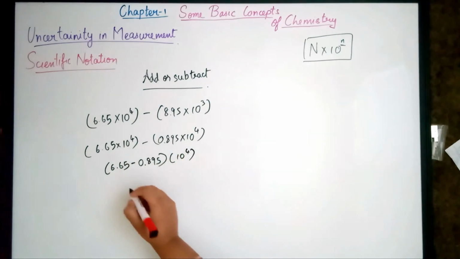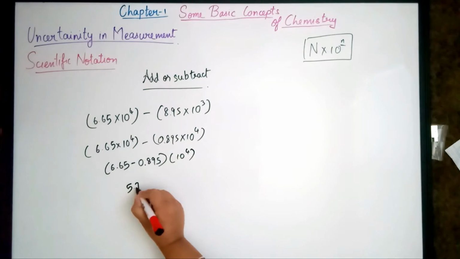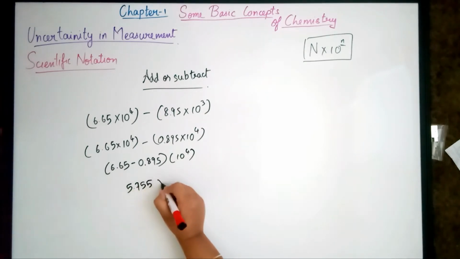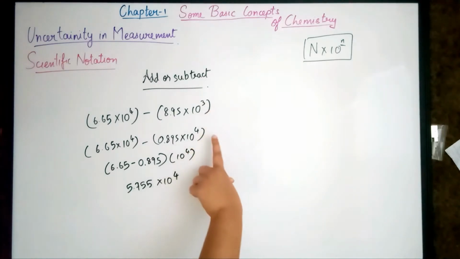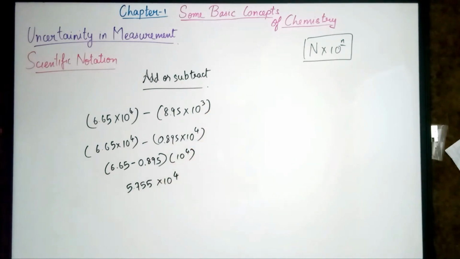So this gives us the value as 5.755 into 10 to the power 4. We've taken the same values as before and converted this to ensure that 10 to the power 4 can be taken out as a common factor.